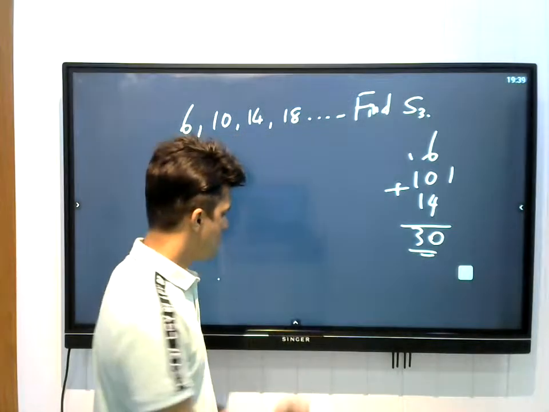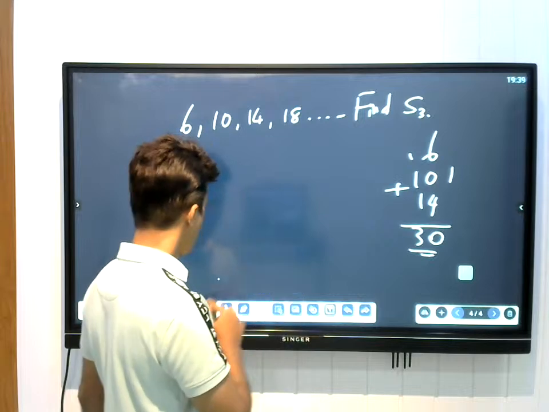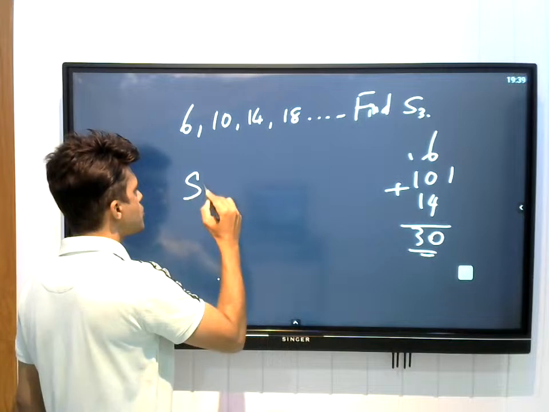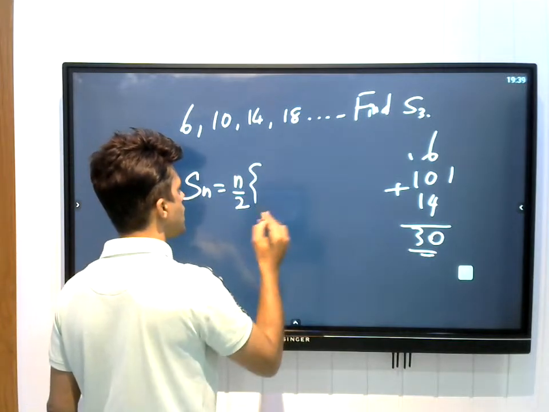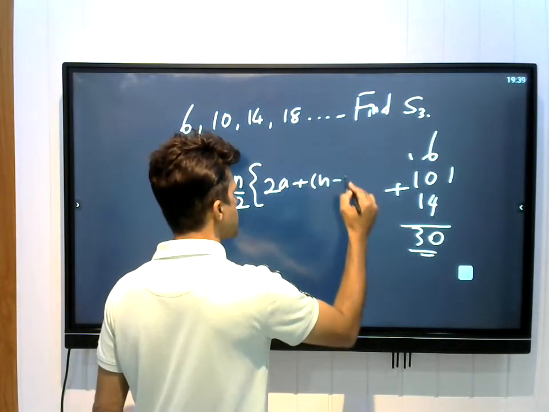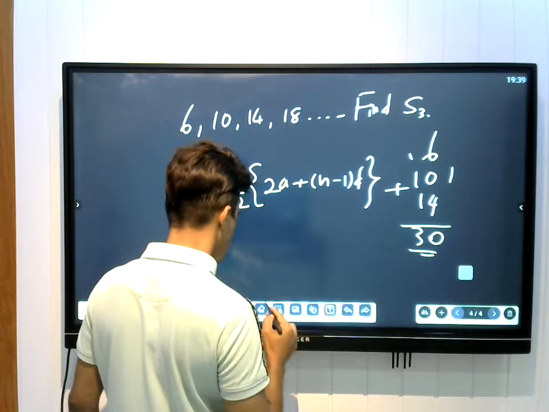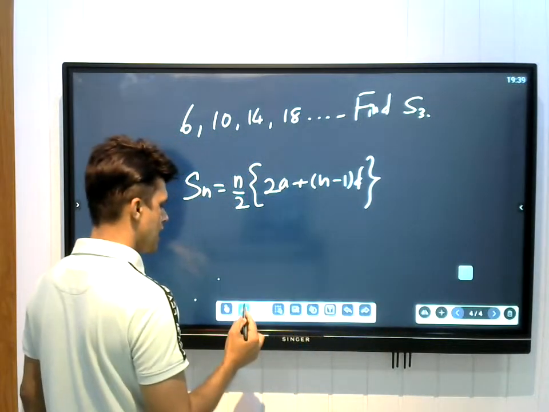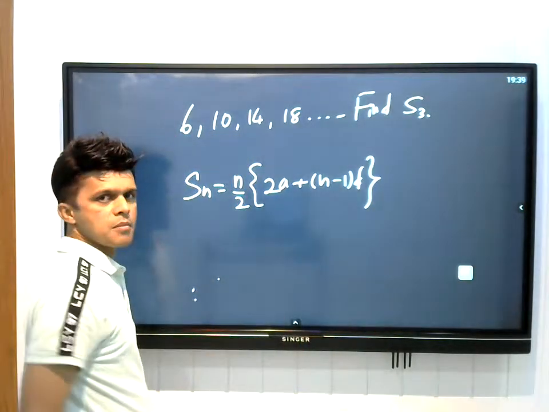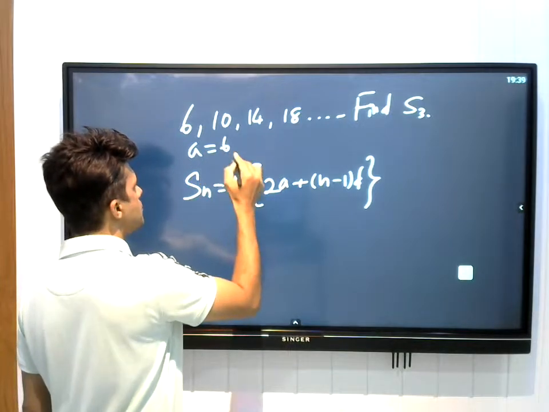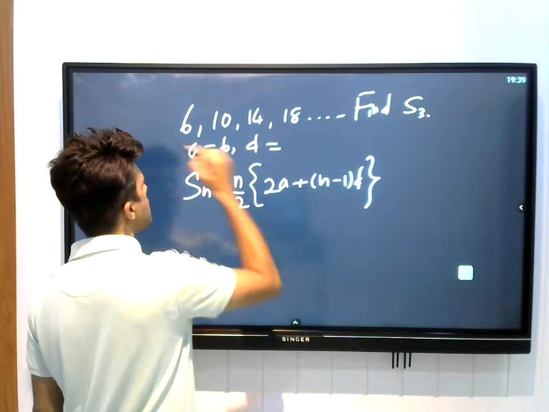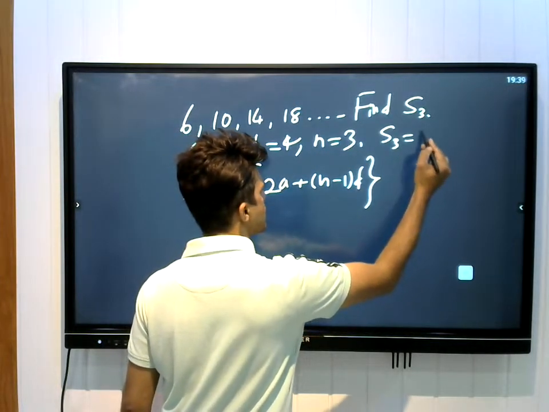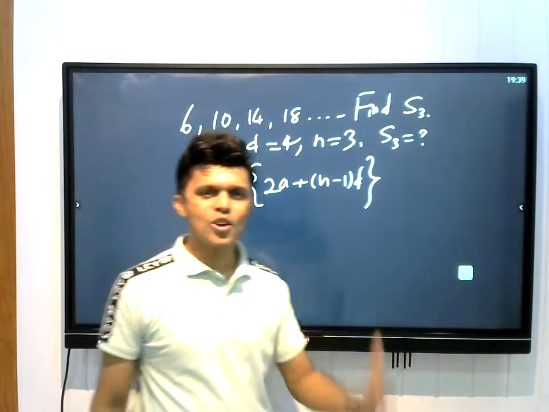The formula is Sn equals n by 2 times 2a plus n minus 1 times d. Here a equals 6, d equals 10 minus 6 which is 4, and n equals 3. You know S3 is 30.